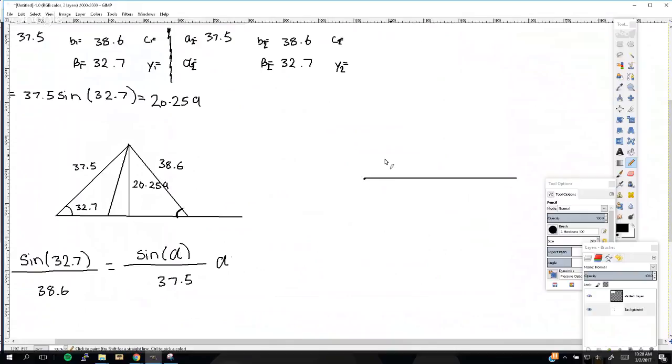So if you look at a regular triangle, this is angle A, this is side B, this is side A. We know that if H is less than A is less than B, we have two triangles.